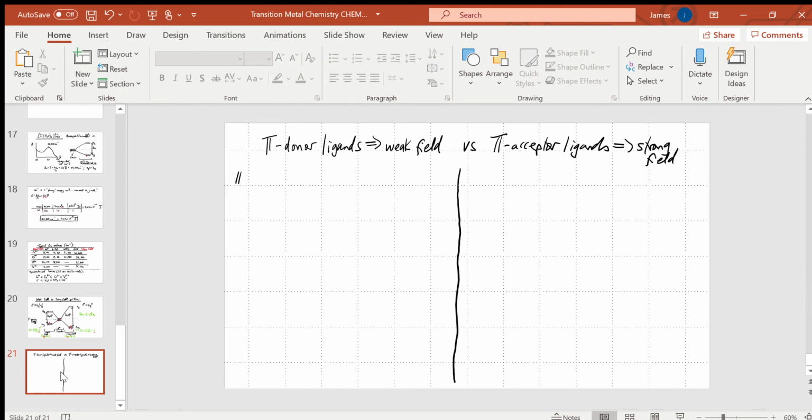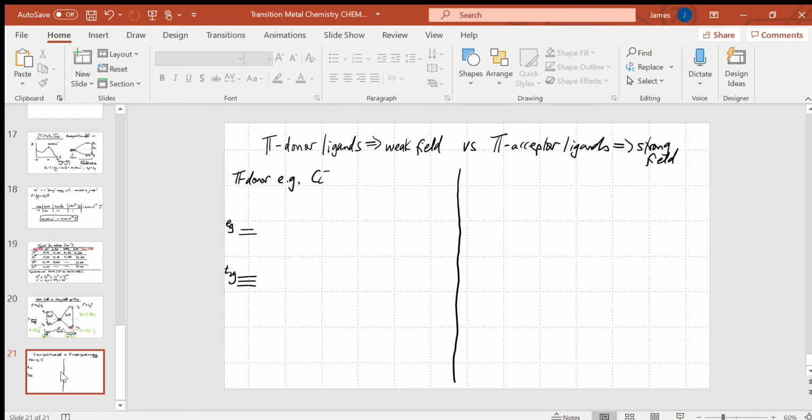So we've got pi donor, and our candidate here is going to be the chloride ligand, but any halide would suffice. So let's see. We have the EG set and the T2G set.